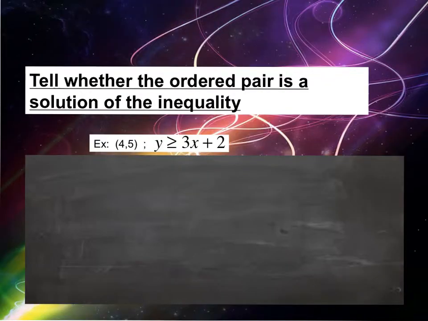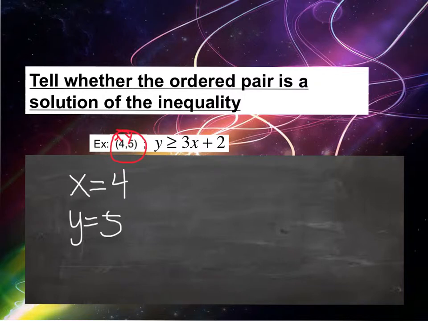Here's an example that you may encounter. Tell whether the ordered pair is a solution of the inequality. The ordered pair that we have is (4, 5). x equals 4, y equals 5. And we're given the inequality y is greater than or equal to 3x plus 2.